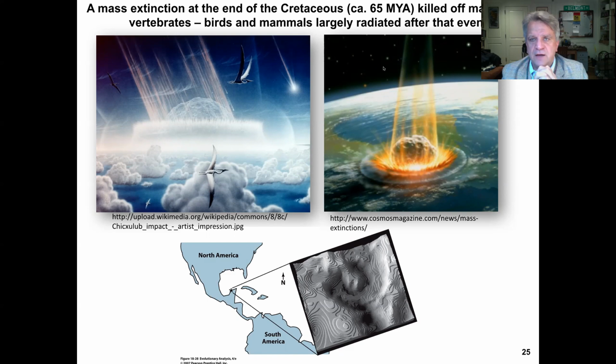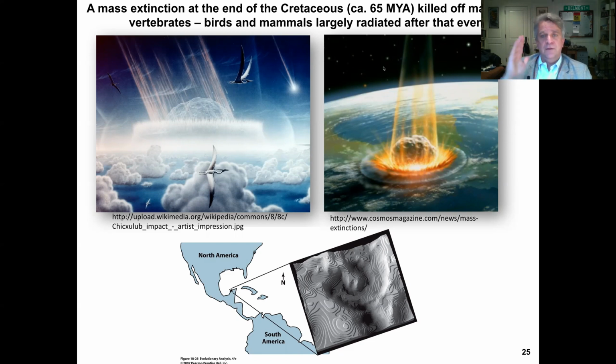And this would have had a dramatic effect on primary productivity, things like cyanobacteria, plants, and other photosynthetic organisms. And without that primary productivity, there's no food, and it was thought that there was a massive die-off.